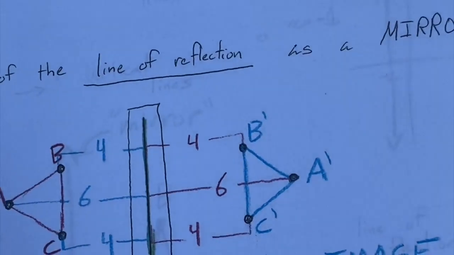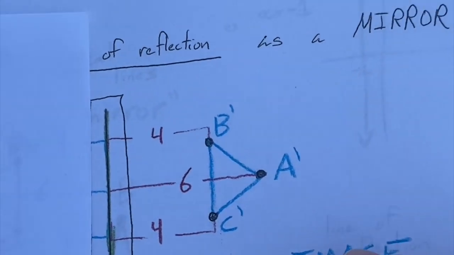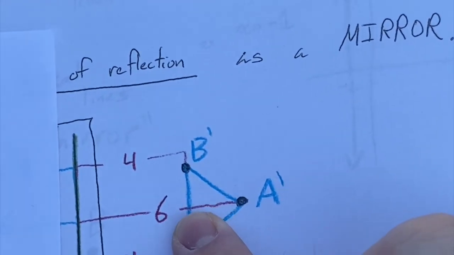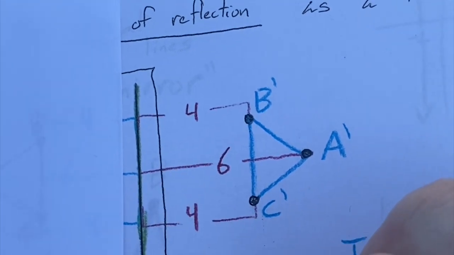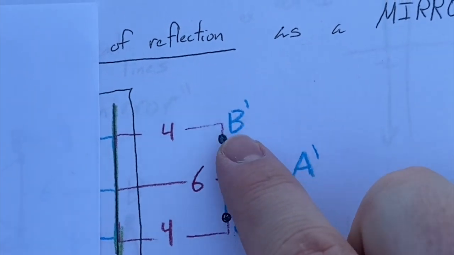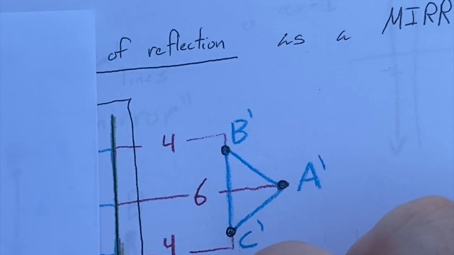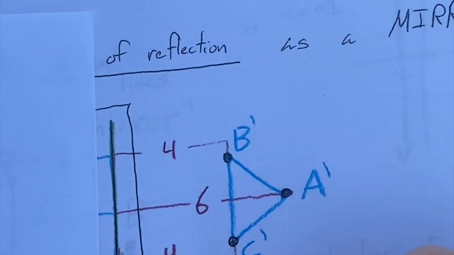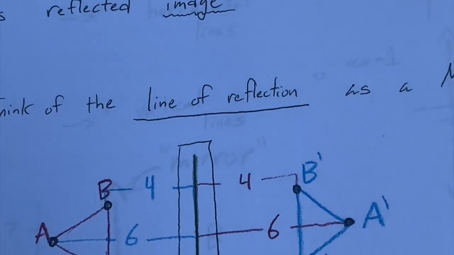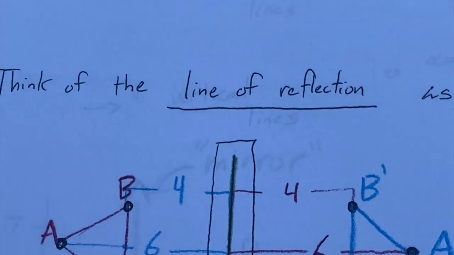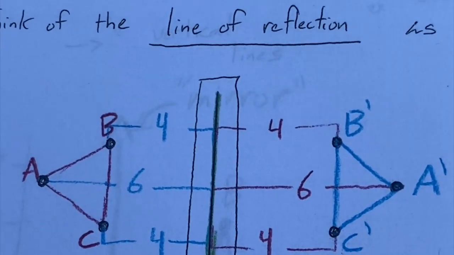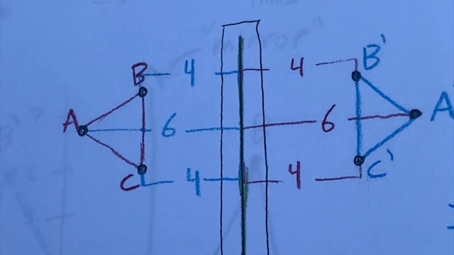Looking at the reflected image, A' is also 6 units away from the mirror on its other side, B' is also 4 units away, and C' is also 4 units away. So the points of the reflected image are the same distance away from the line of reflection as the object.